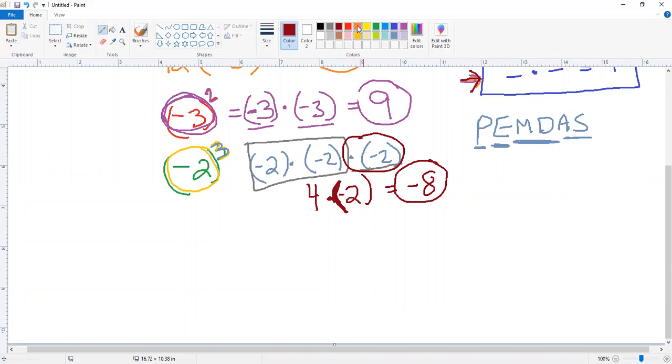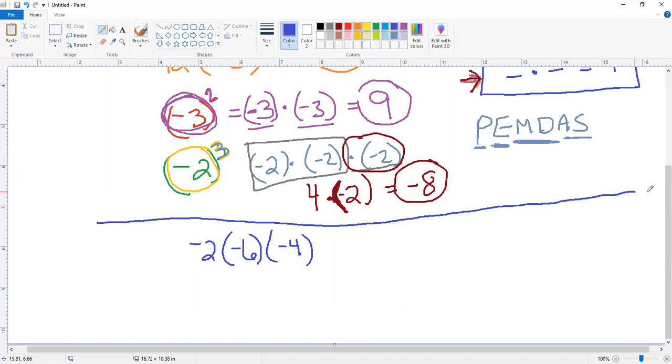We've got 2 more problems to practice. So we have -2 times -6 times -4. All right, so the same thing we did up there on our last question, we're going to break it down into 2 numbers at a time.